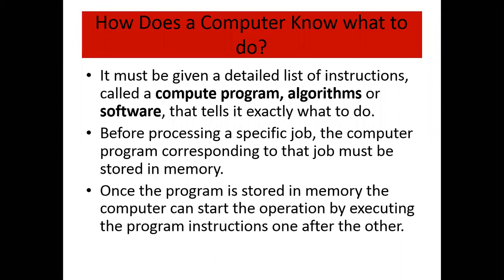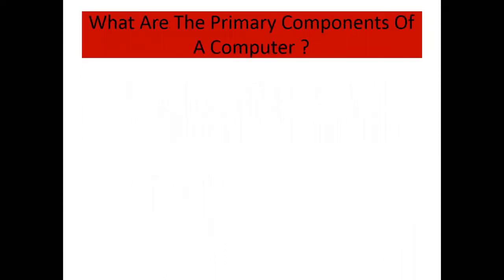Once the program is stored in the memory, the computer can start operating by executing the program instructions one after the other. Whatever instructions we give in our computer are processed one by one, and we have different outputs. Sometimes if we need to store those outputs, we store them, and if we don't want to store the output, we just check those results and then execute further instructions.